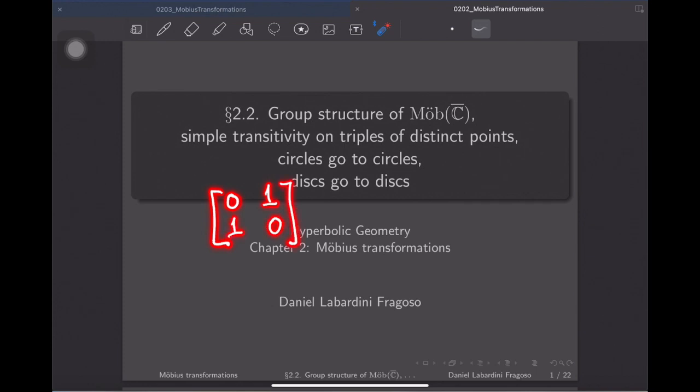And we showed that one sends circles to circles by pre-composing it and post-composing it with stereographic projection.